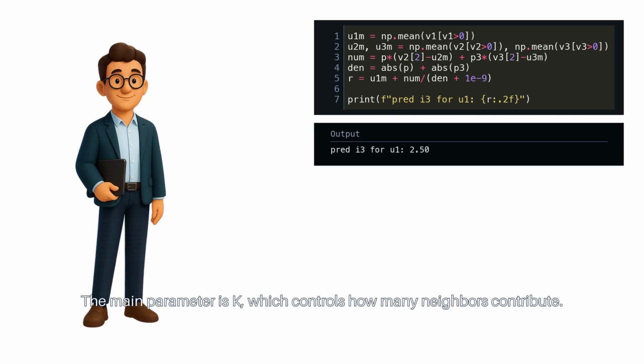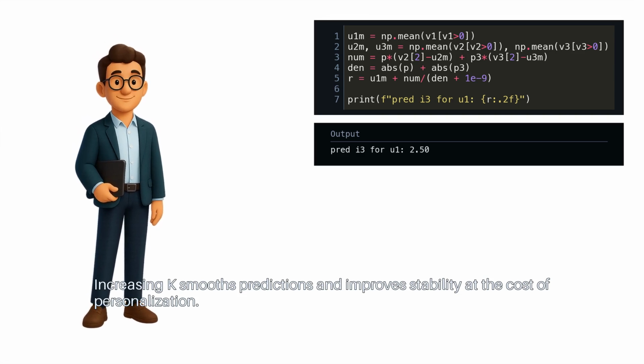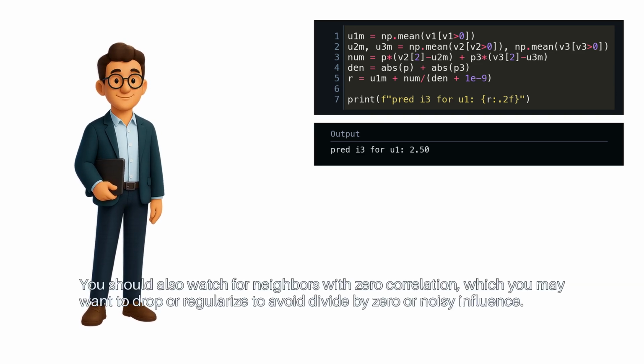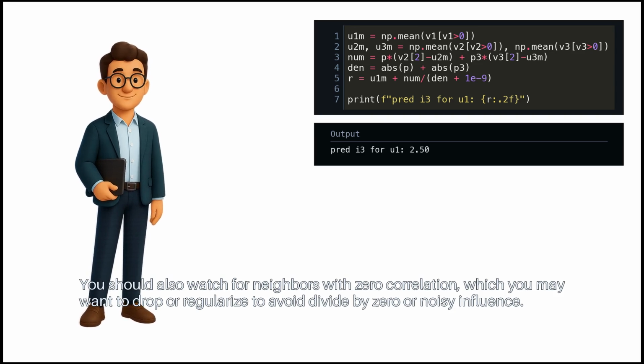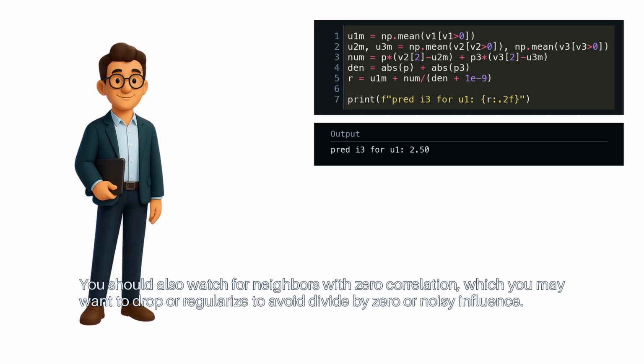The main parameter is k, which controls how many neighbors contribute. Increasing k smooths predictions and improves stability at the cost of personalization. You should also watch for neighbors with zero correlation, which you may want to drop or regularize to avoid divide by zero or noisy influence.